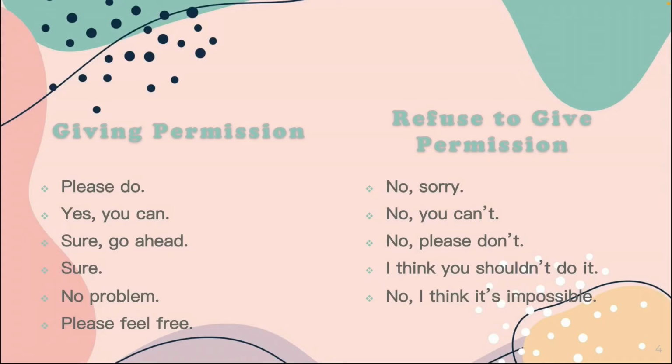Or if you want to refuse permission, you can use: no, sorry; no, you can't; no, please don't; I think you shouldn't do it; or no, I think it's impossible.